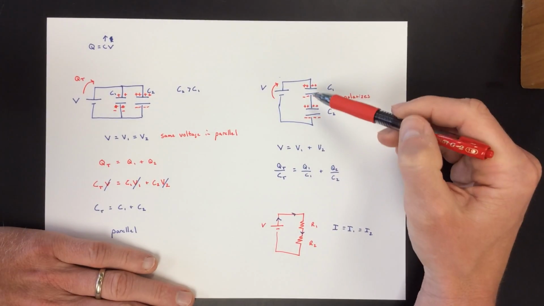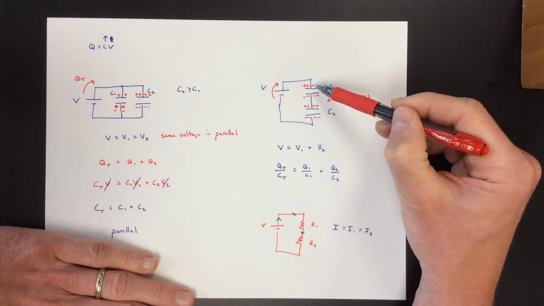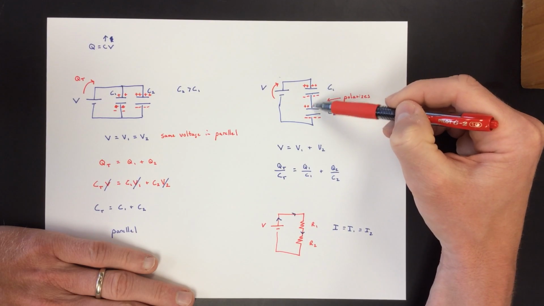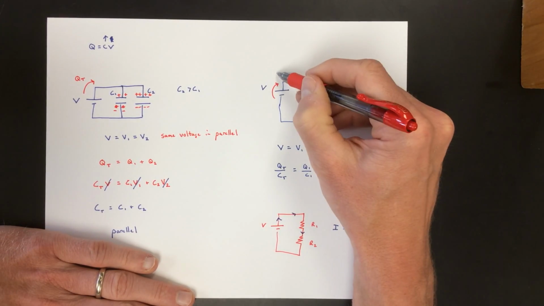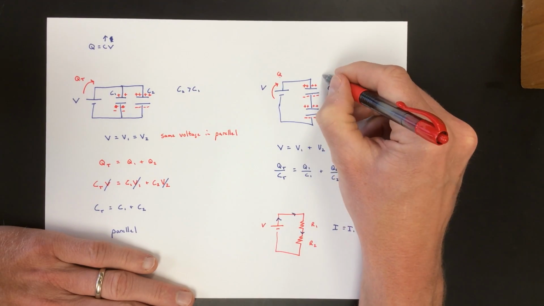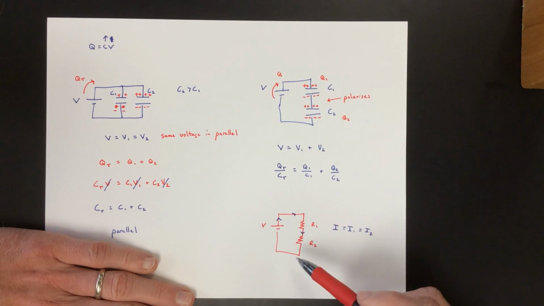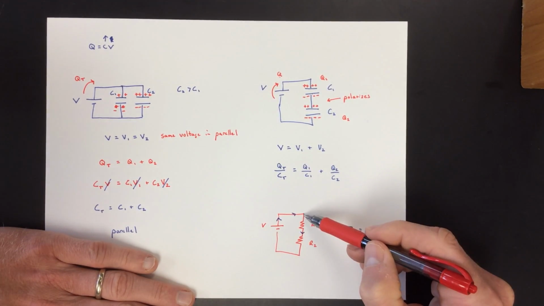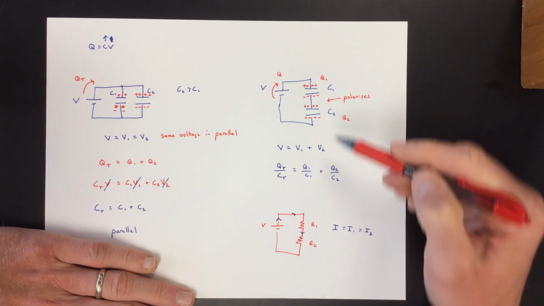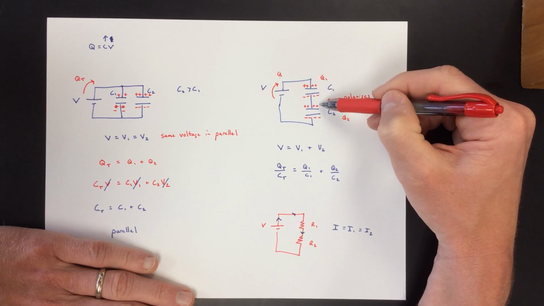And hopefully you can see that whatever I put here comes from here. Those two plates will then polarize these interior plates, and you'll see that the charge here equals Q1 and equals Q2. And it's just like this situation where two resistors are in series and they have the same current flowing through them. Here, two capacitors in series have the same charge on them.